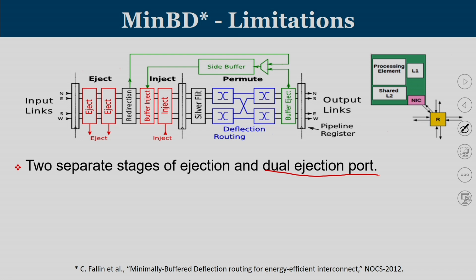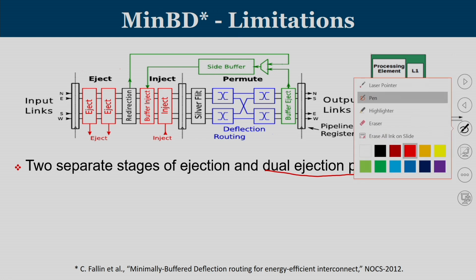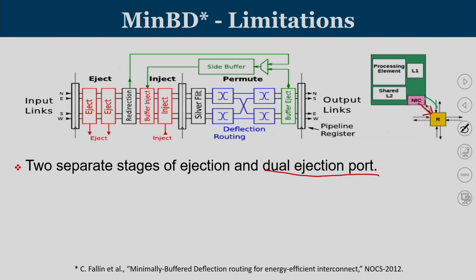Dual ejection port means we have two ports from the router to the tile and one port from the tile to the router. Let us say we have one port through which injection happens, and two ports by which the router gives data back to the tile. This increases the ejection bandwidth, and naturally it is a little more costly in space and power consumption.